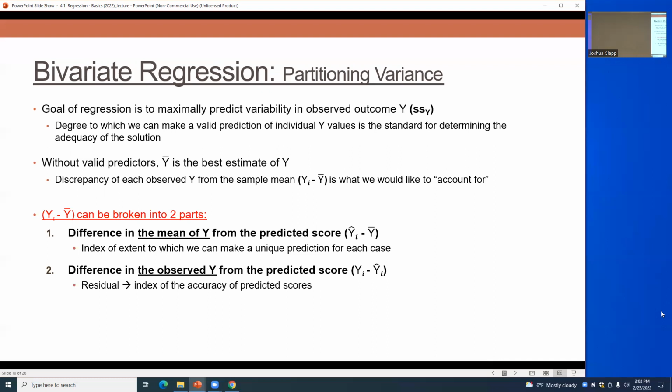I want to account for the difference between my observed scores and the means. We can break that into: what's the difference between my predicted value and the mean? That's the extent to which I'm predicting anything. And then the difference between my observed score and my predicted value, that's my residual, how far off I am with things.